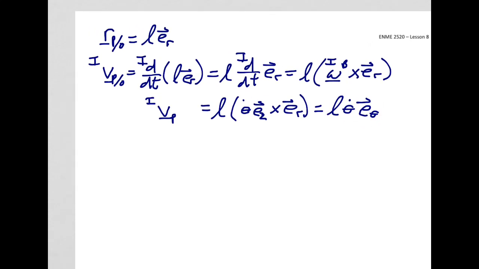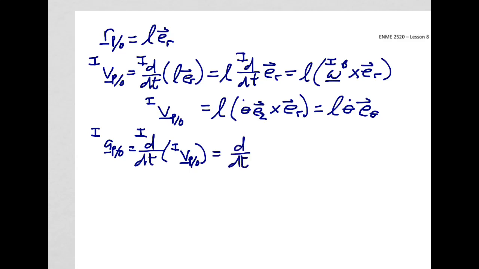So let's calculate our acceleration. Our acceleration of P with respect to O, as observed in the inertial reference frame, is equal to the time derivative of our velocity of P with respect to O, as observed in the inertial reference frame. And this is equal to the time derivative, as observed in the inertial reference frame, of our expression here.